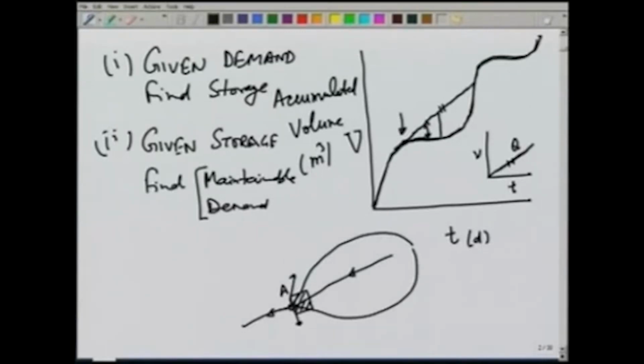At this point, this is the deficit which must come from the storage, and therefore, whatever the maximum difference between these two curves will give us the required amount of storage. In this case, to find out the maximum difference, we take a tangent which is again parallel to the demand line, and the difference between these two lines is the required storage S.